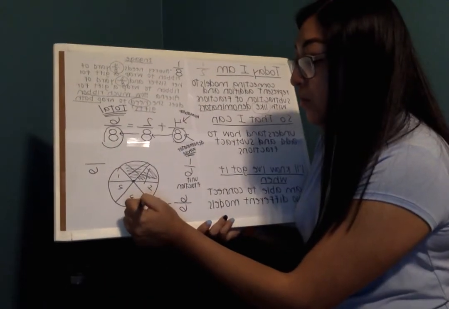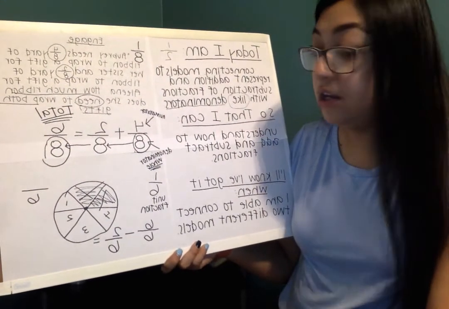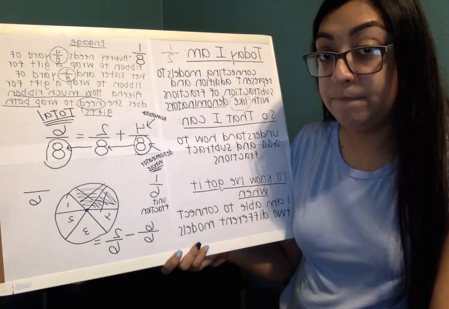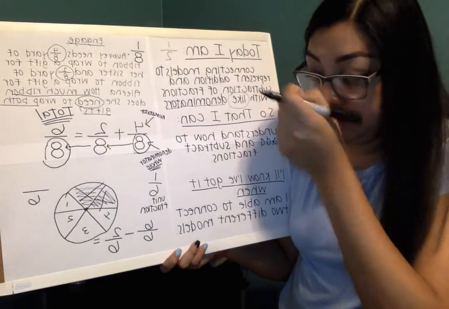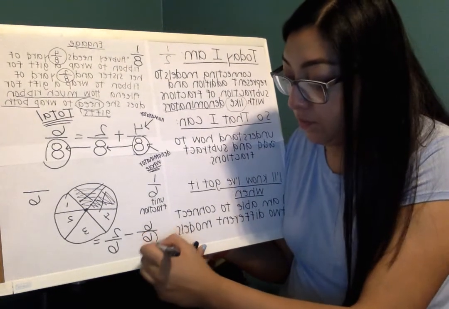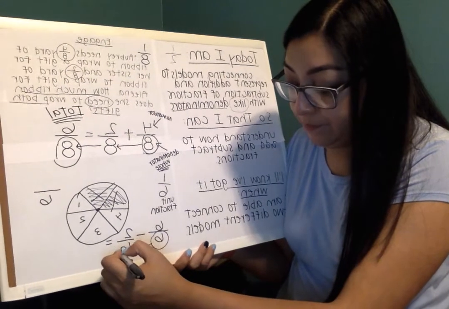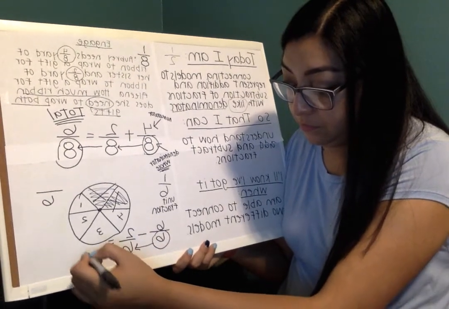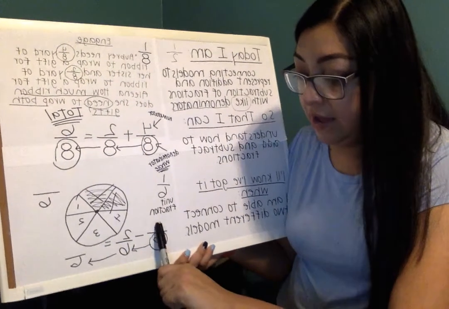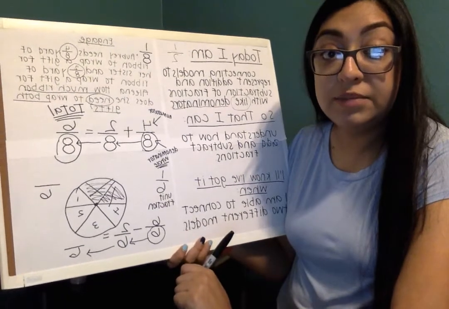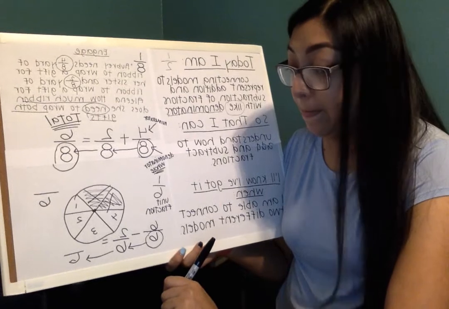Who can tell me what we have to do to this equation? Because we now have an equation. We're going to keep our whole number, correct? We're going to keep that the same. We're going to move our line over. And now we have a subtraction problem that is 6 minus 2.